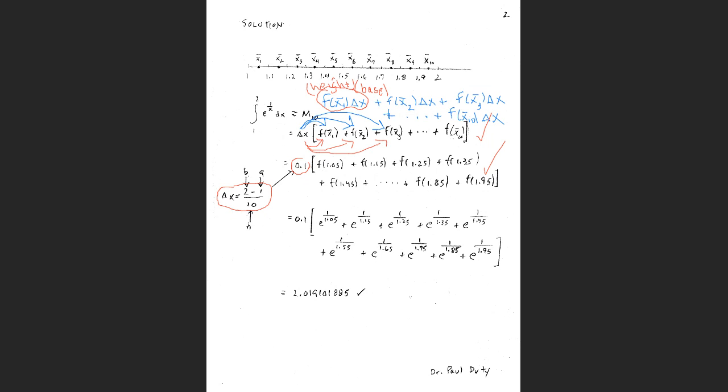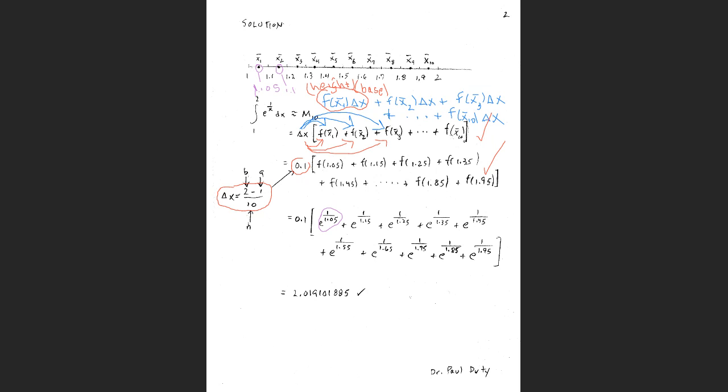And okay, well, what would f of 1.05 be? Well, of course, 1.05 is right here. That's the midpoint of the first subinterval, 1.05. So the function evaluated at 1.05 would be e to the power 1 over 1.05. The second midpoint for the second subinterval is halfway between 1.1 and 1.2.